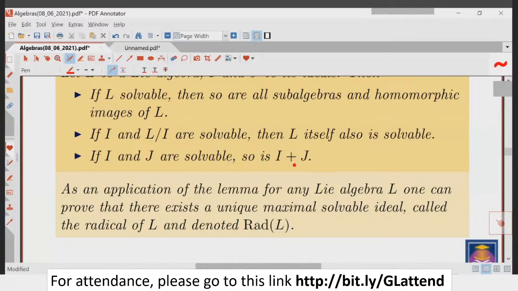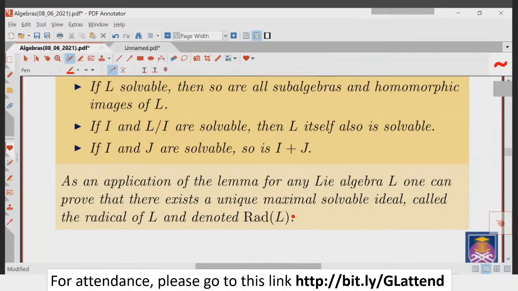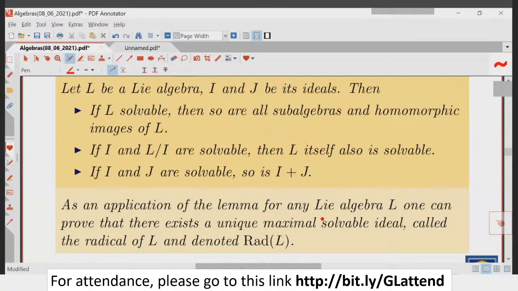You will add I, J, then another soluble ideal, add, etc. So you will get some maximal soluble ideal. That maximal soluble ideal is called the radical of the Lie algebra L. It will play an important role in the study of the structure of the algebra L. That we will discuss maybe next class.